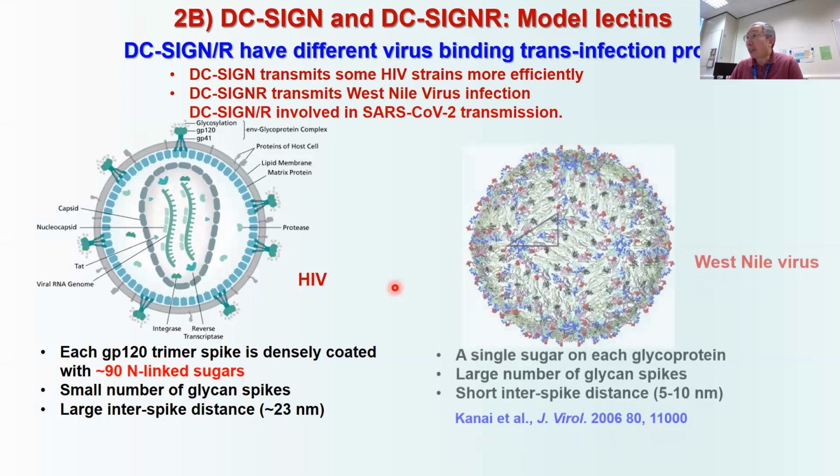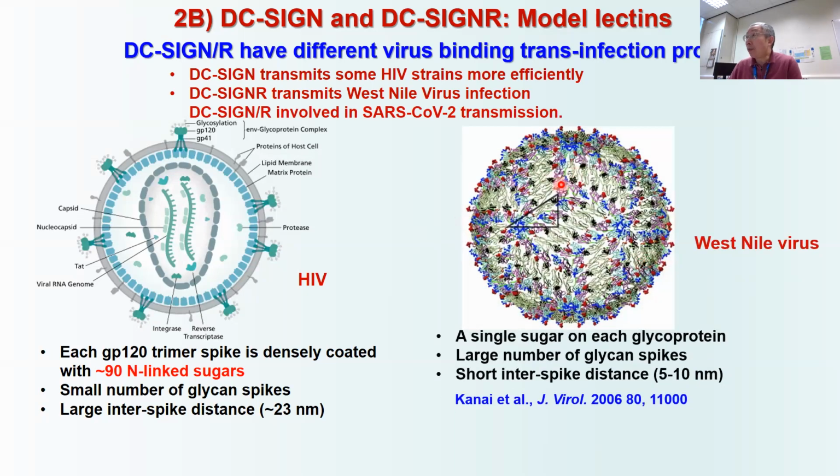On the other hand, only DC-SIGNR can transmit the West Nile virus. And in this case, each of those glycoproteins on the West Nile virus contains just 1 sugar, and they have a lot more of those sugar spikes. As a result, their interspike distances are different.